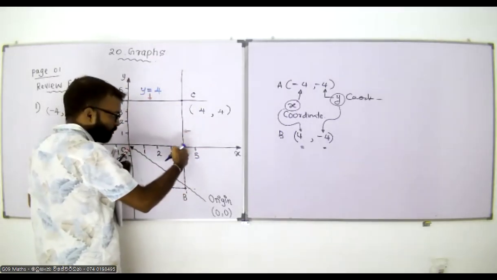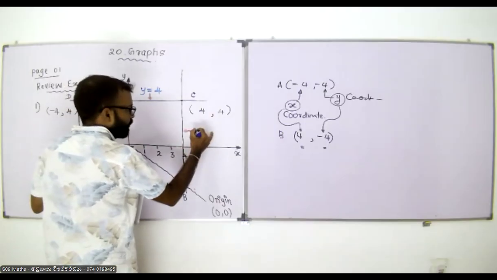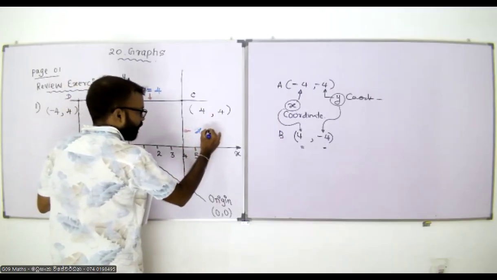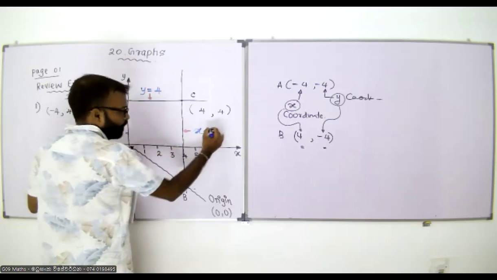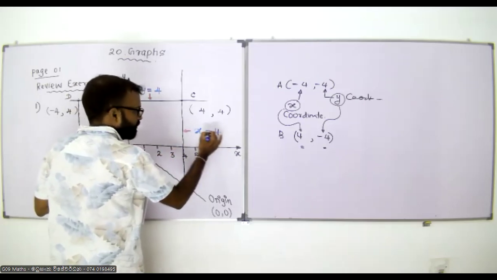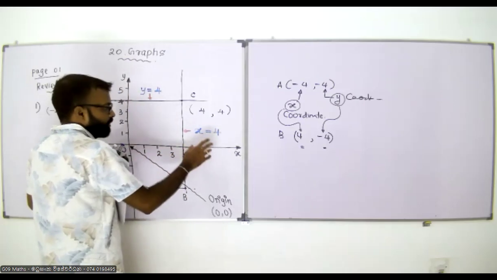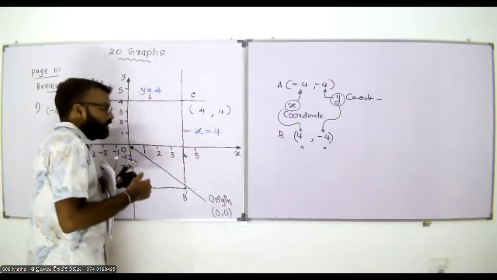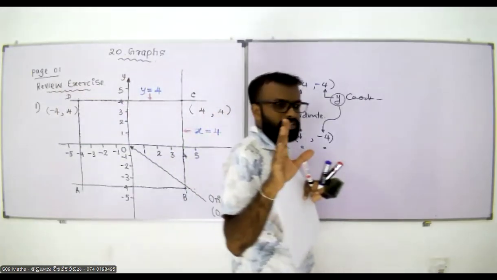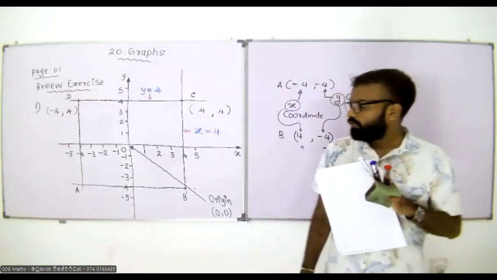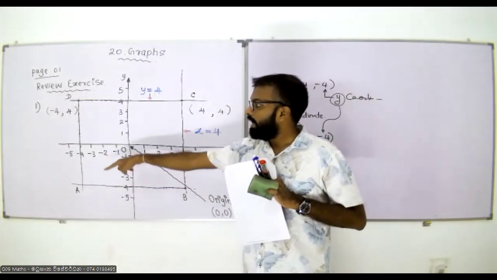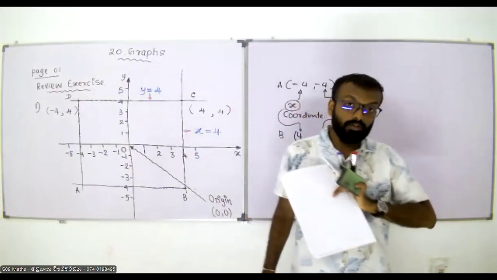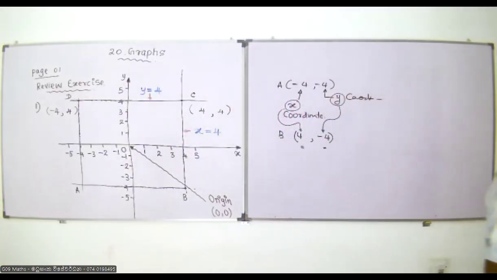The x-axis. And which point? 4. So x equals 4 is the equation of the BC line. Now I am going to give you 30 seconds. Write down the equation of AB and AD. Do it fast.